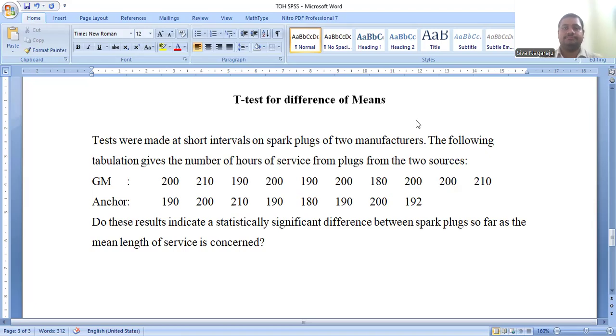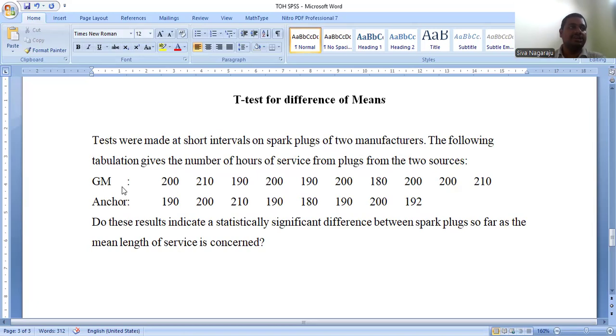Let us see. Tests were made at short intervals on spark plugs of two manufacturers. The following tabulation gives the number of hours of service from plugs from two sources. The two sources mean two different brands.